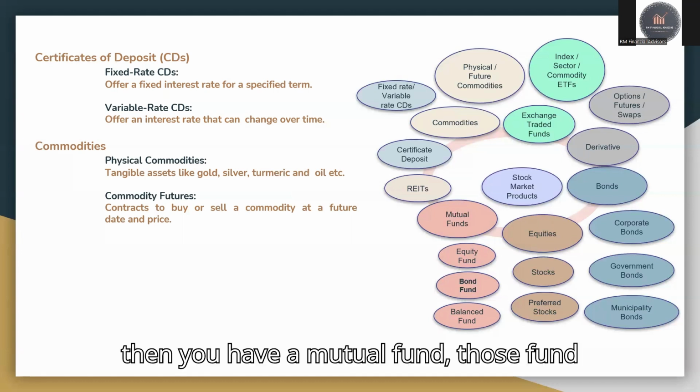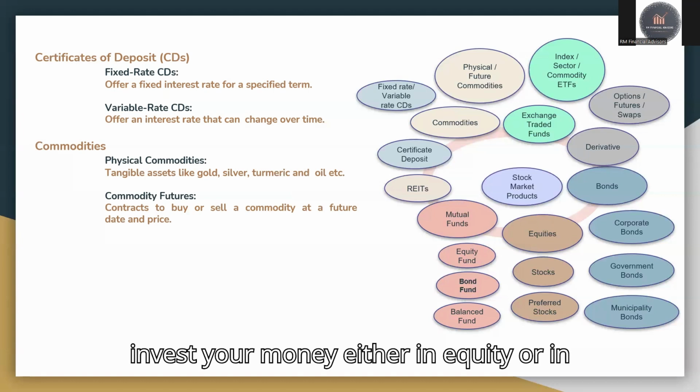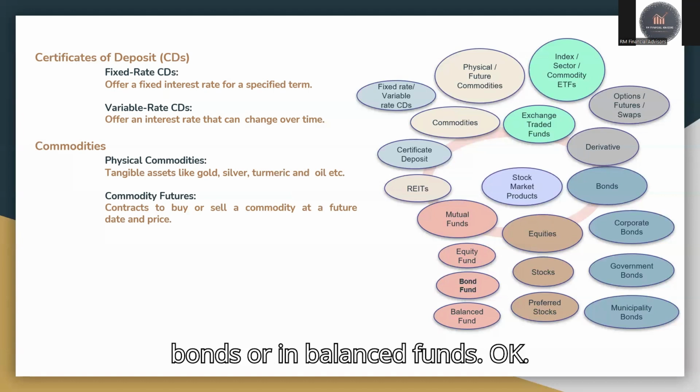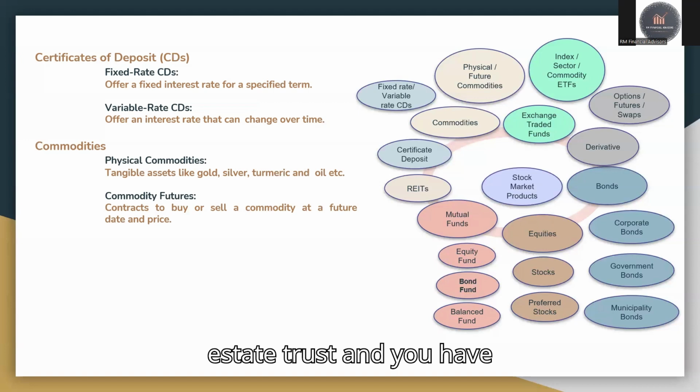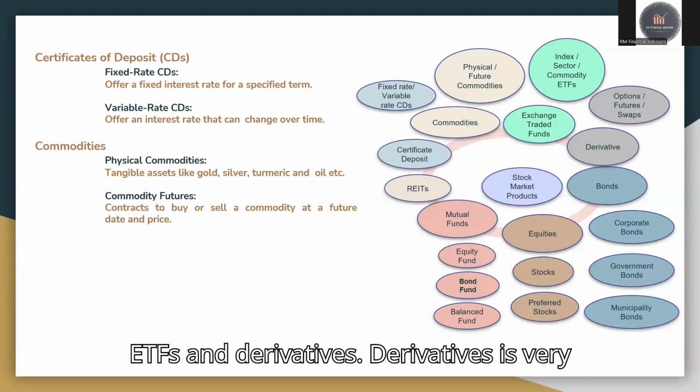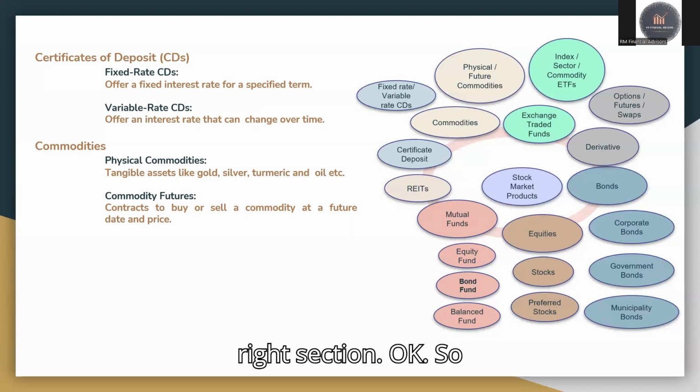Okay. Then you have mutual funds. Those fund managers, very smart ones, actually invest your money either in equity or in bonds or in balanced funds. Okay. Then come the REITs, that is your real estate trust. And you have commodities, you have various ETFs and derivatives. Derivatives is very difficult. We'll discuss that in the right section.